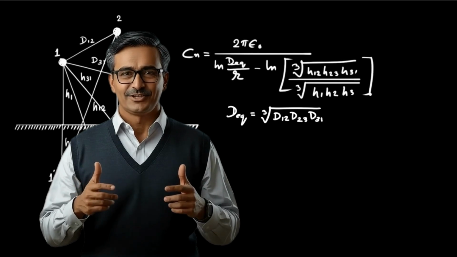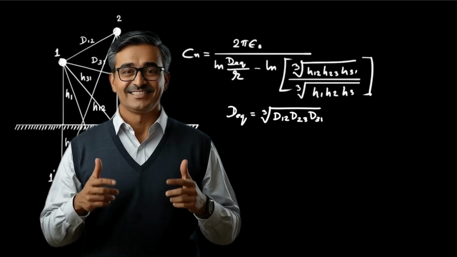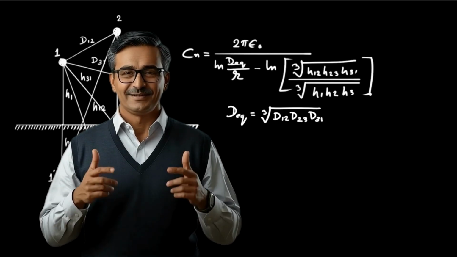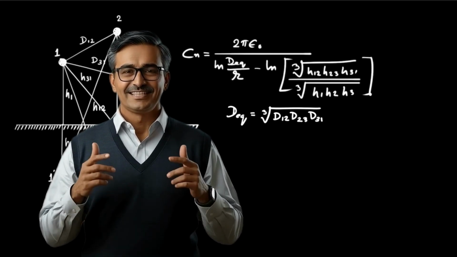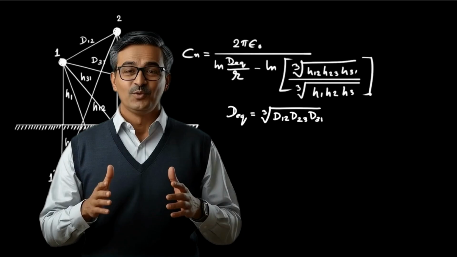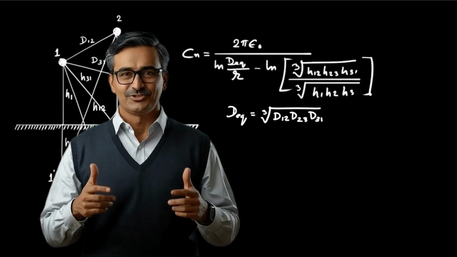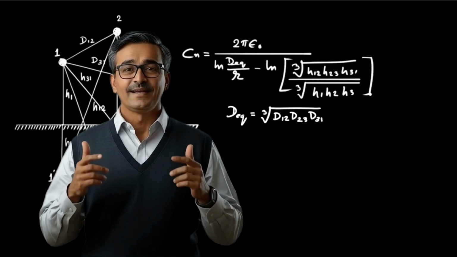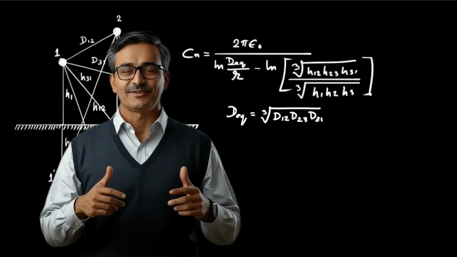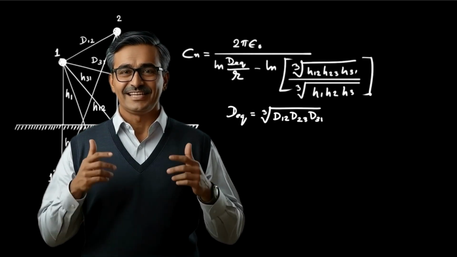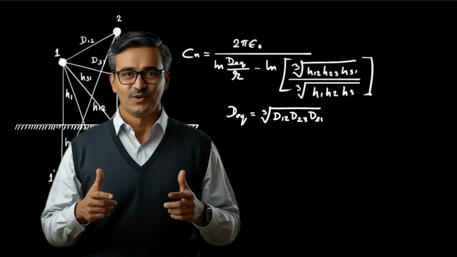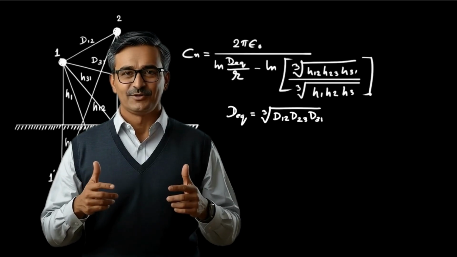Using these image conductors, the voltage and capacitance can be calculated much more easily. The presence of the earth slightly increases the capacitance of both single-phase and three-phase transmission lines. However, when the conductors are installed sufficiently high above the ground, this increase is so small that it can often be neglected in practical calculations.